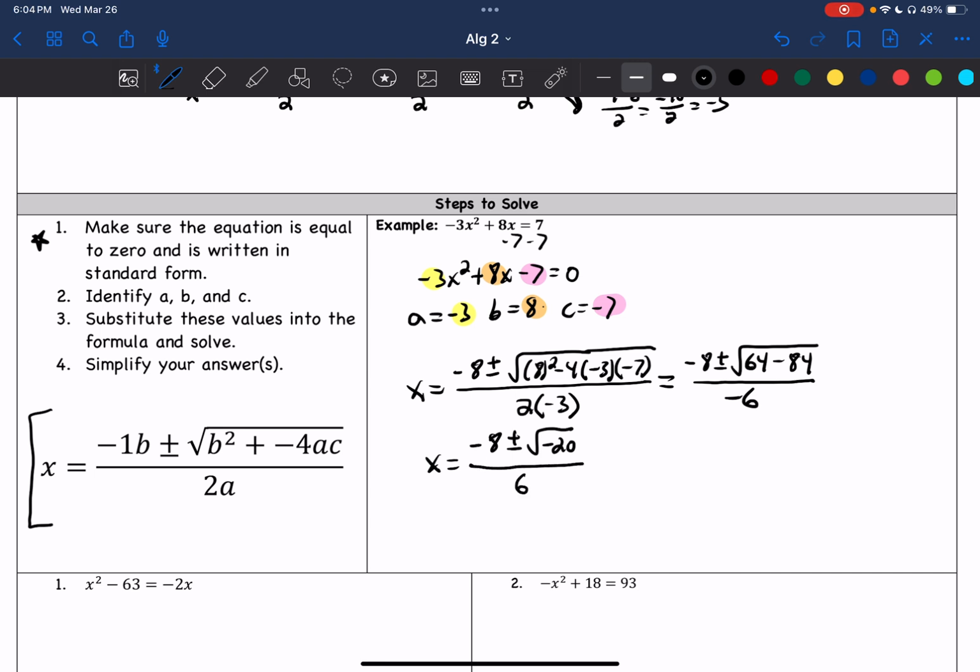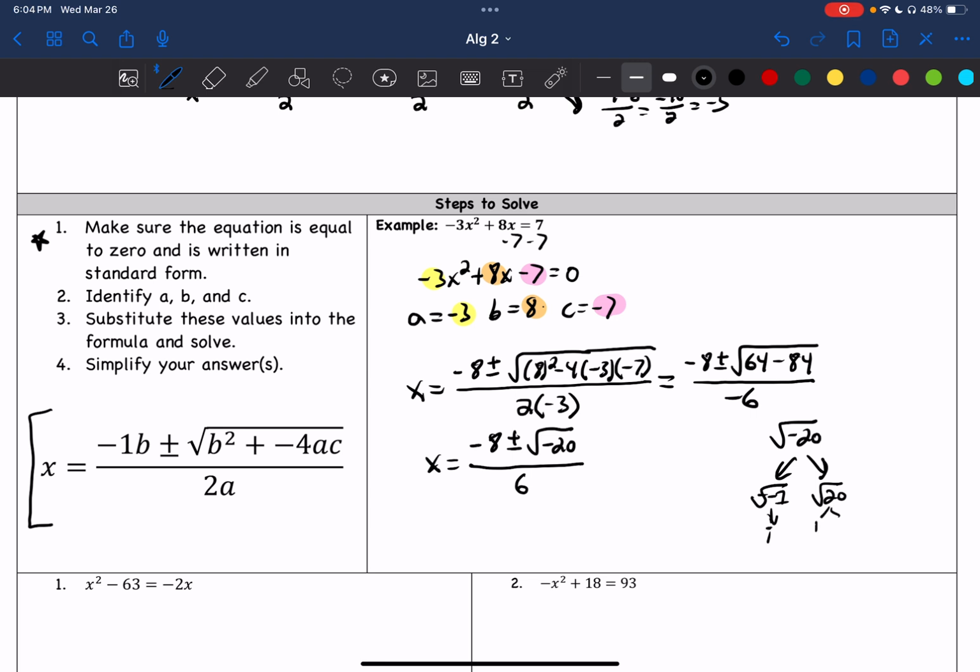So if we're trying to simplify our answer here, we want to simplify the radical. The square root of negative 20 is not fully simplified. I'm going to write that out over here. If we wanted to fully simplify it, we would first want to do the square root of negative 1 times the square root of 20. Square root of negative 1 becomes i.